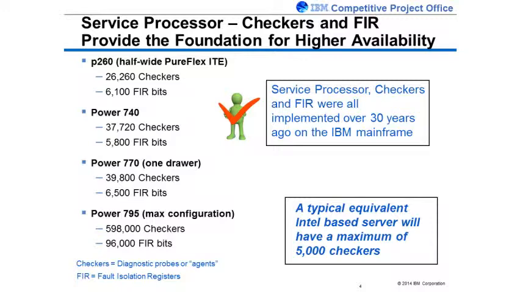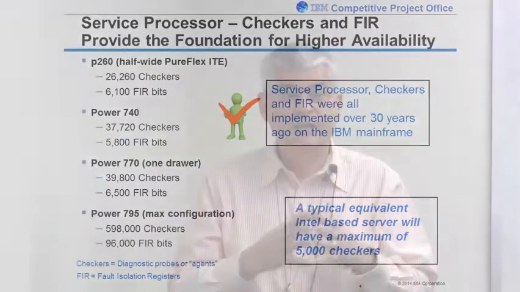For the Power 795, we have over 598,000 checkers checking on every possible component in the Power 795 system. Now compare that number to about 5,000, which is the most number of checkers that any Intel server has right now. That's a huge difference.